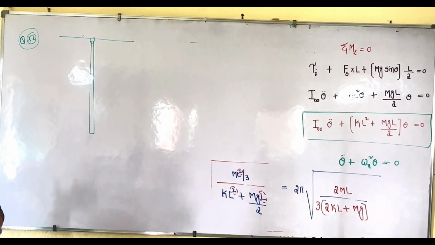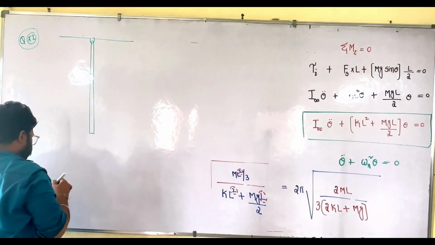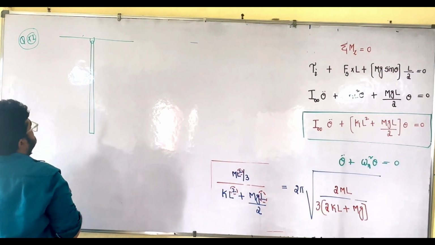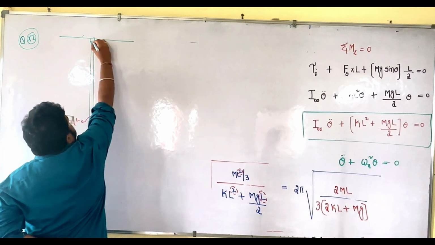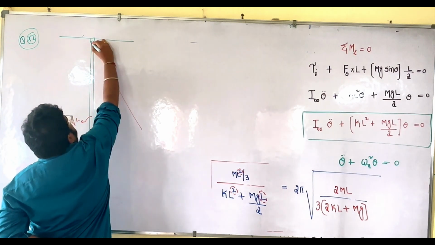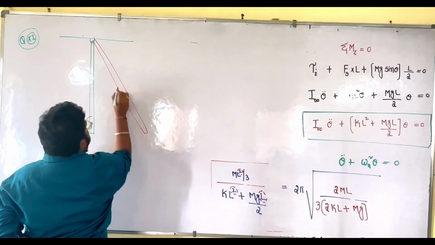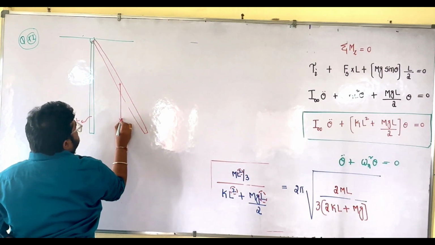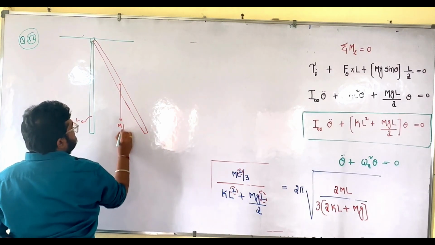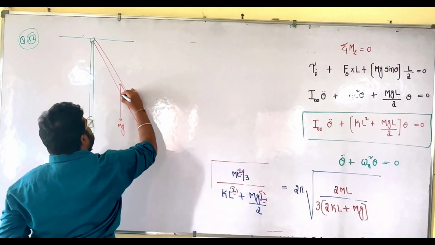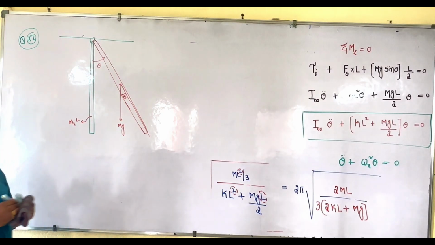Clear? So here, what is obtained? We need to give a disturbance. Mass M, length L. Weight always acts vertically downward. So we give an angular disturbance theta.